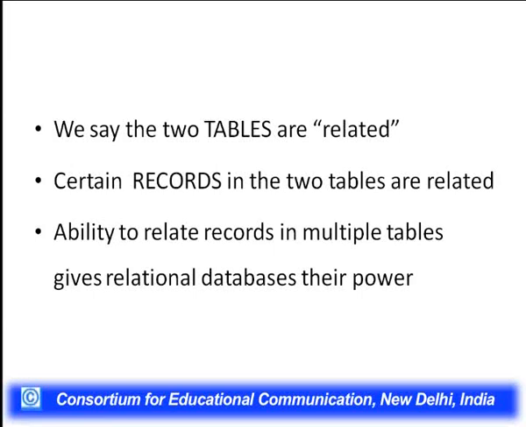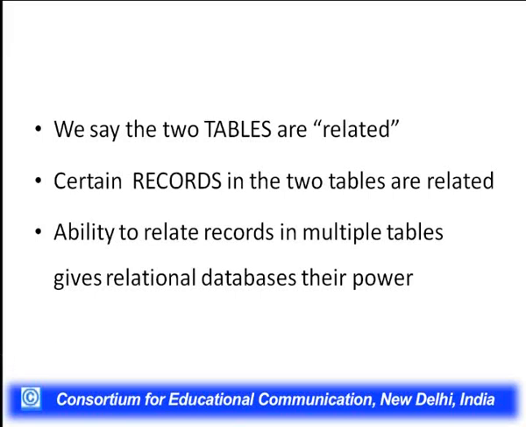So, we say that two tables are related when there is a common attribute between them. So, certain records in the two tables are related to each other. Which records are related? Where the value of the primary key matches the value of the foreign key. Those records are said to be related to each other.